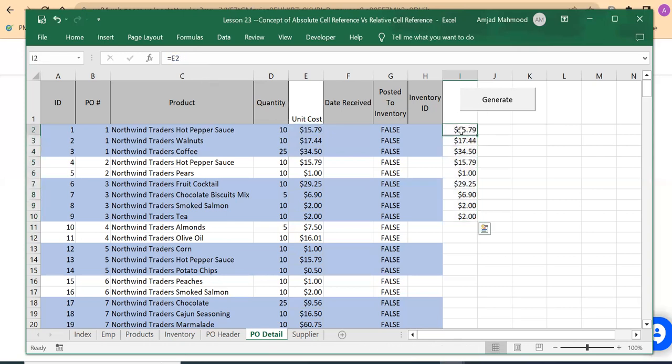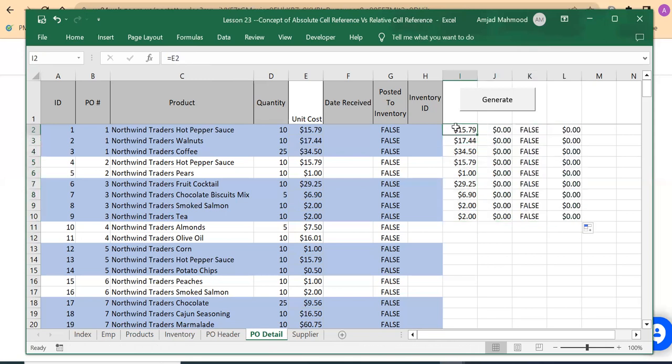Now if we copy it rightwards, as we are copying rightwards, E changes to F. You see, this is F now.